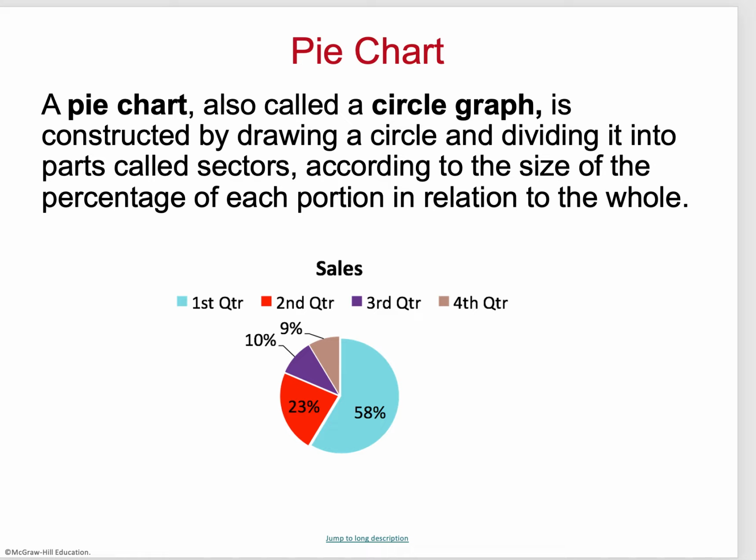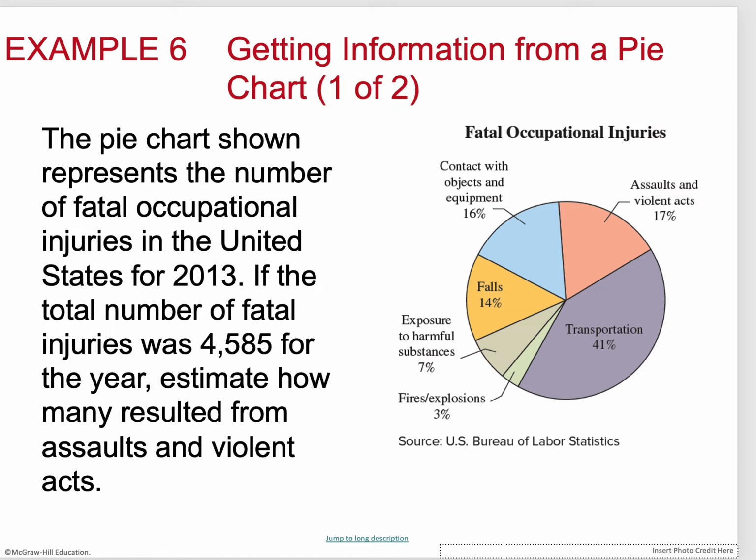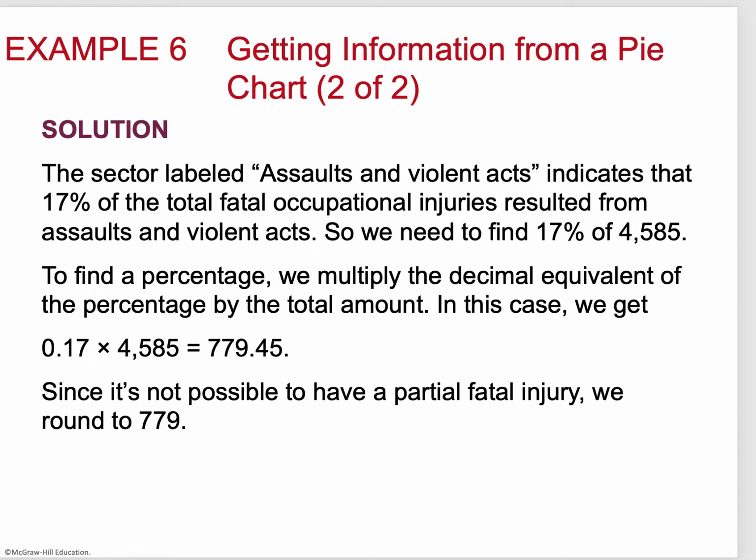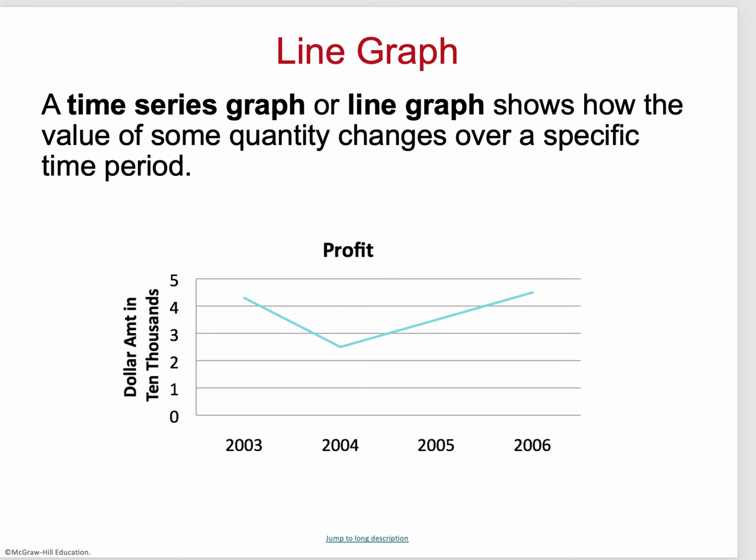And so when I look at this image, I say, wow, whatever is 58%, that's the majority of what I'm measuring. So pie charts are also a great visual way to depict information. So if I look at these fatal occupational injuries, I can see transportation right off the bat is the majority of the circle. And then assaults and falls are actually kind of even, and fires are very rare. So this is a very visual way of getting that data out of the graph.